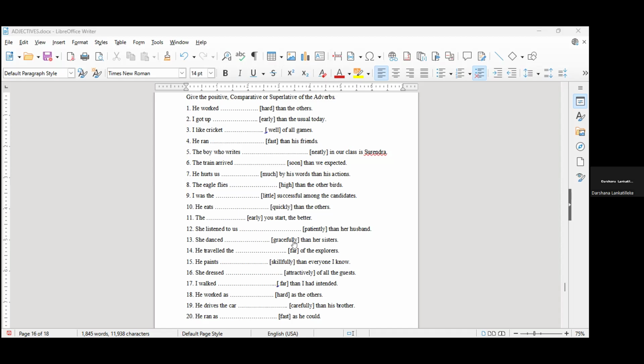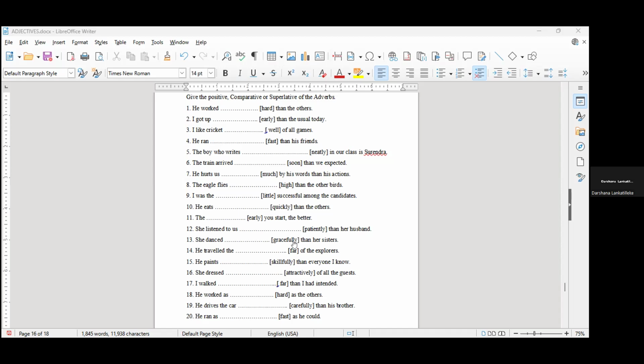She dressed most attractively of all the guests. Number 17: I walked than I had intended. Here also you can use either farther or further. I walked farther than I had intended, or I walked further than I had intended. It depends on the idea.